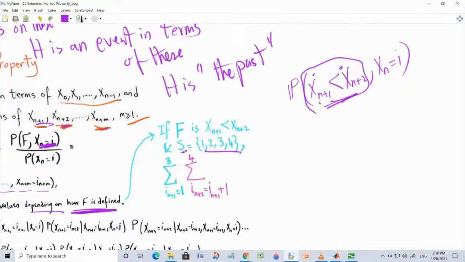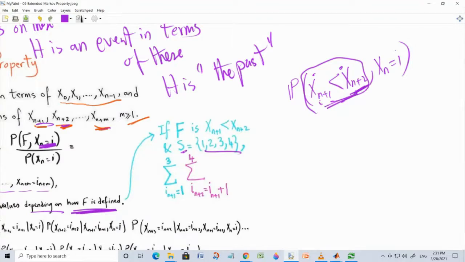One index, related to X_{n+1}, will go from 1 to 3, and the other index related to X_{n+2} will start at i_{n+1} plus 1, because X_{n+2} is strictly greater than X_{n+1}.